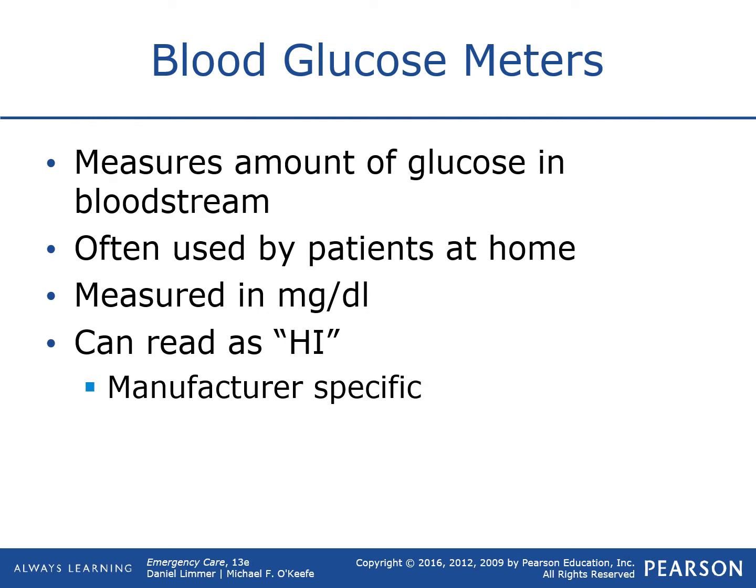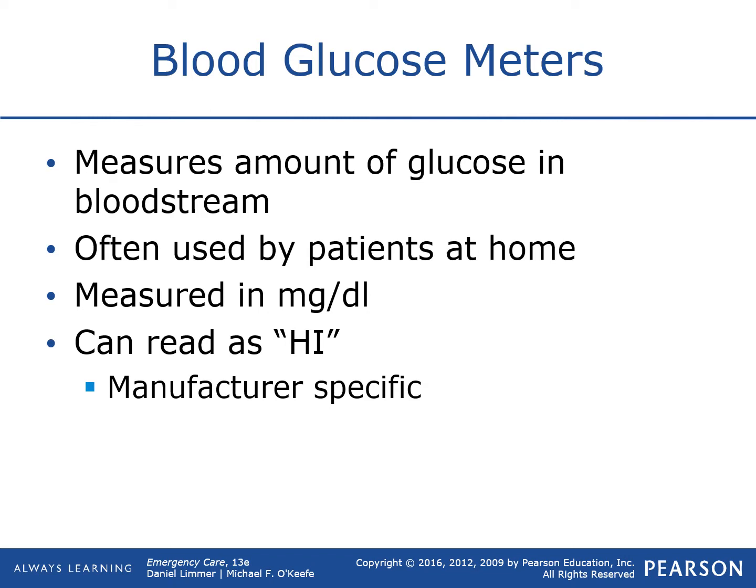These are manufacturer specific, and this means that they can only assess up to a certain level. A lot of meters that EMS uses will only assess up to 500, 600, or 700 for their blood sugar. So if it's over that amount, it will just read as high. So you won't know what their actual levels are.